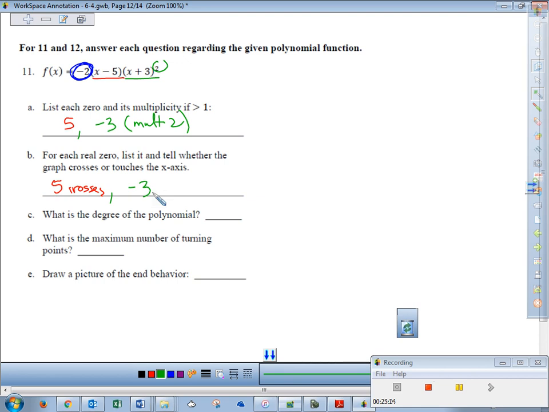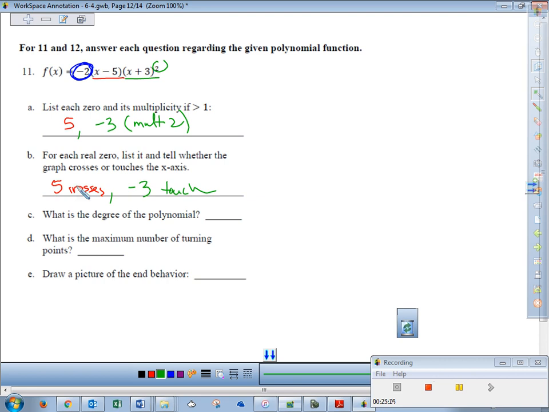But if it's an even amount of multiplicity, it will touch, not cross. If that's got multiplicity of 3, it will cross the x-axis. If it's got multiplicity of 5, it will cross the x-axis. This has an even multiplicity, so doesn't it just touch the x-axis? Multiplicity only does that little touching if it's an even amount.